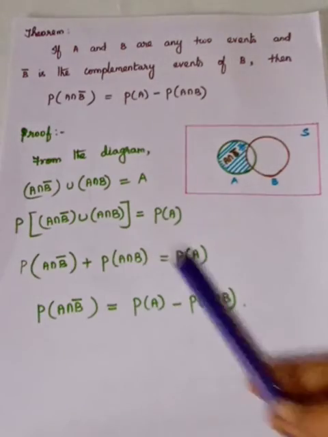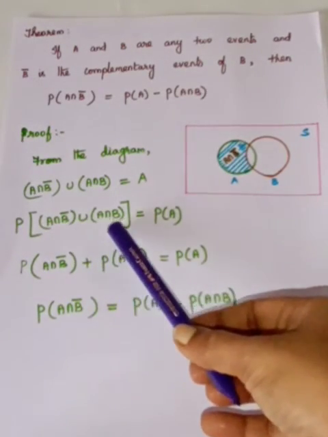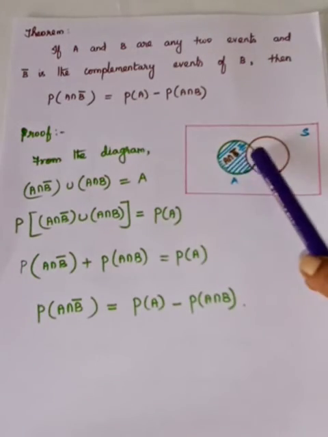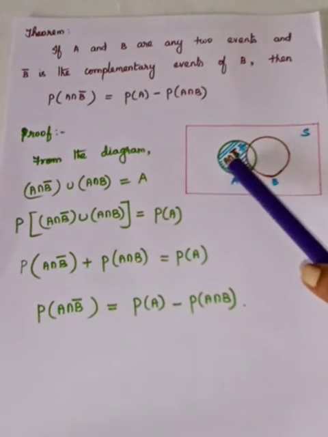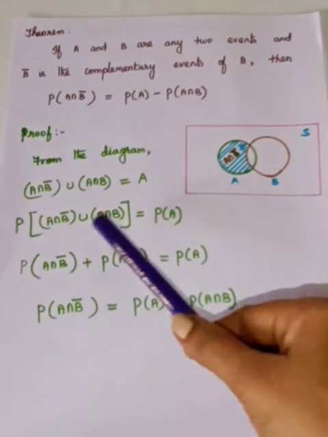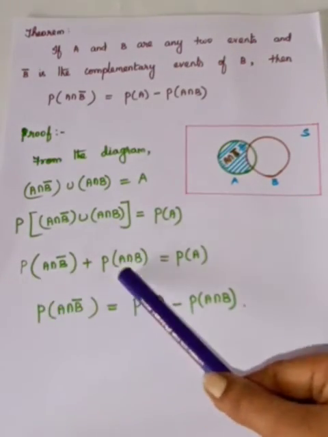So apply the probability. P of A intersection B bar union A intersection B is equal to P of A. Look at this: there are no elements common to both sets, A intersection B bar and A intersection B. They are mutually exclusive. If they are mutually exclusive, the probability of the union can be written as the sum of the probabilities.